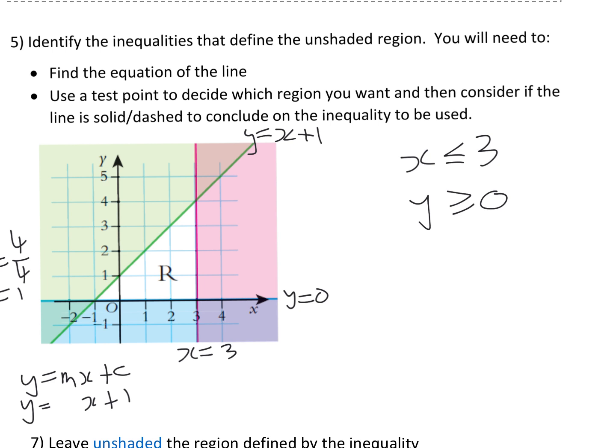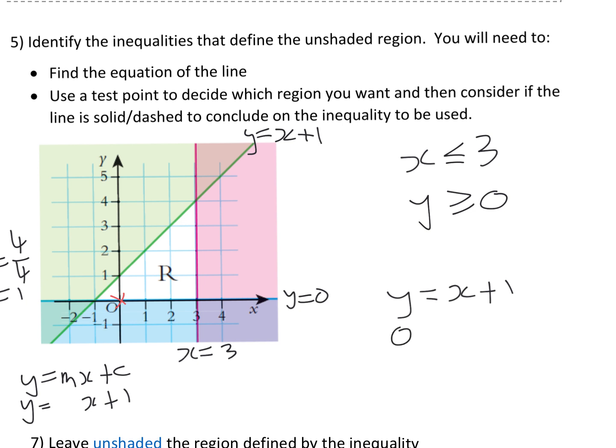So if we pick the test point 0, 0, that's in the region. It's below this line, and it's in this region. I want to know, is that where y is equal to x plus 1? Is that where y is greater than x plus 1? Or is it where y is less than x plus 1? Well, y equals x plus 1 is on the line.